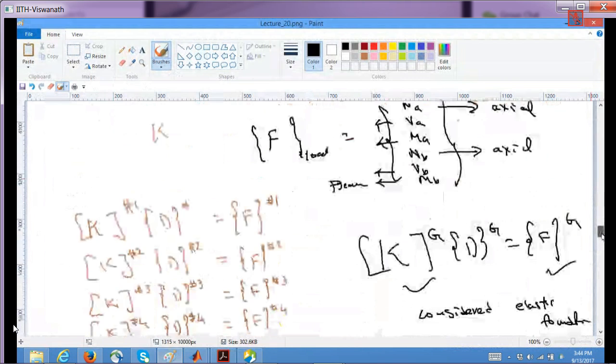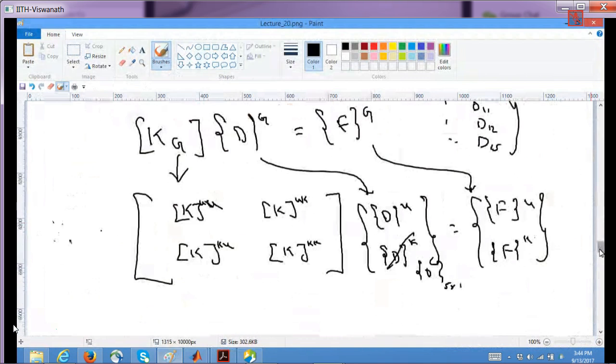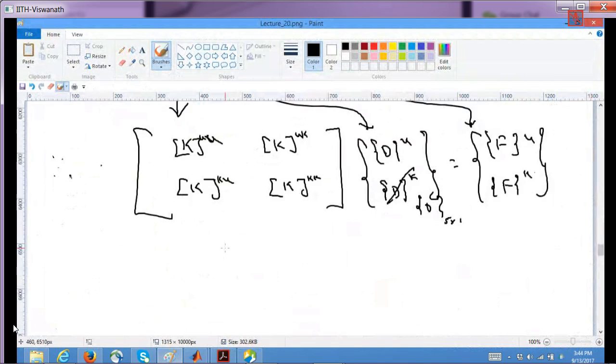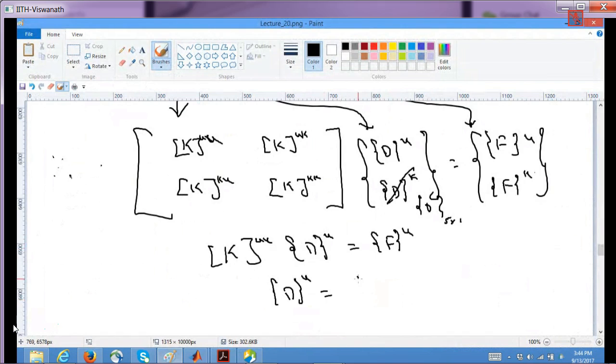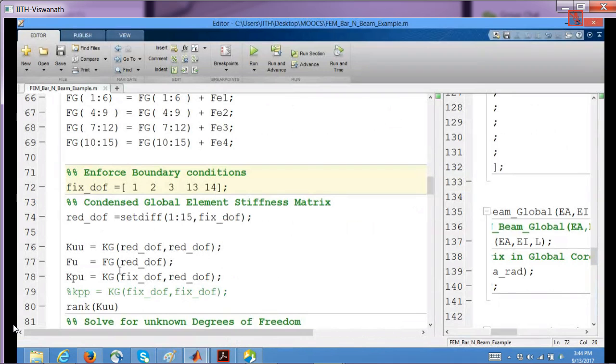So I can directly write that this equation is KUU times DU is equal to FU, or my unknown degrees of freedom is KUU inverse times FU. So that's what I've been doing here. My KUU, I got it, my FU is there. Before I do the inverse, I ask for the rank.